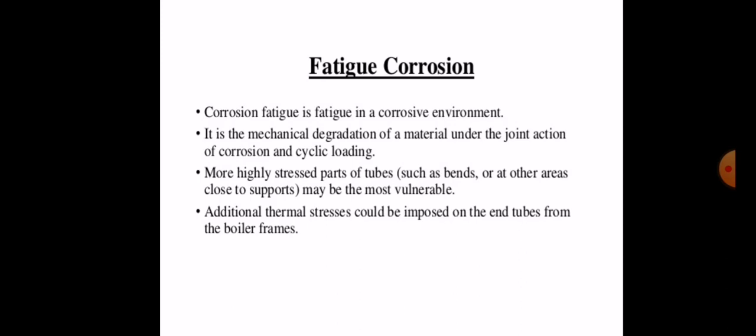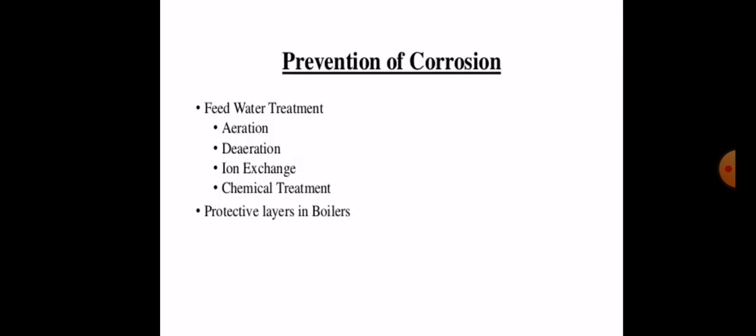Corrosion fatigue is fatigue in a corrosive environment. It is the mechanical degradation of material under the joint action of corrosion and cyclic loading, right? Cyclic means repeated load. So additional thermal stresses could be imposed on the end tubes from the boiler frames, right?